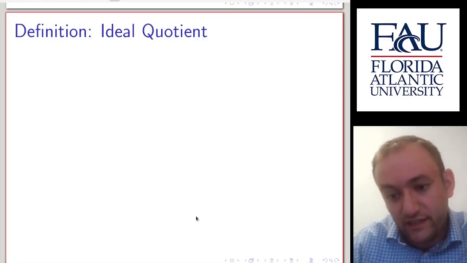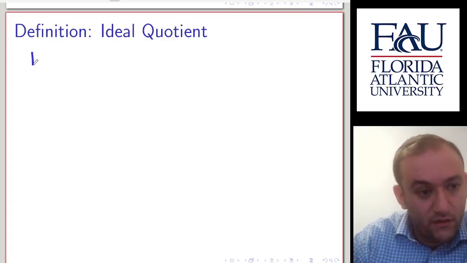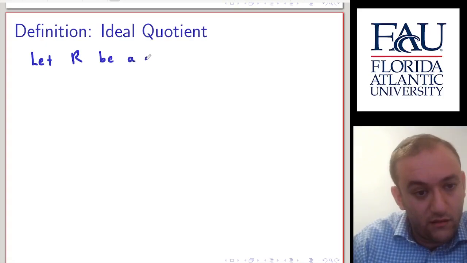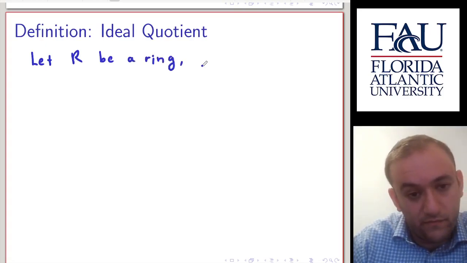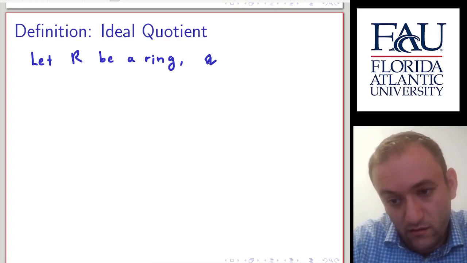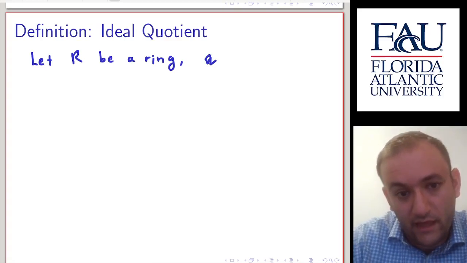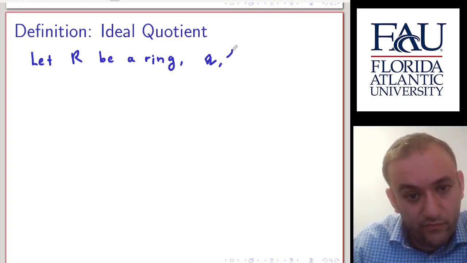Okay, now let's define the ideal quotient. So let's take a ring R, and let A and B inside of R be ideals.